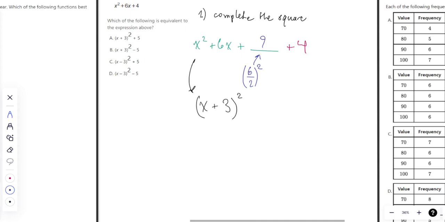But the one thing I forgot to do when I completed the square is if I add a plus 9 right here, I also have to remember to add a minus 9 right here because we want to balance out the whole equation or expression. So this part ends up factoring to x plus 3 whole quantity squared. And then this part right here ends up simplifying to minus 5. So maybe you can see now that the answer for this one should be B.